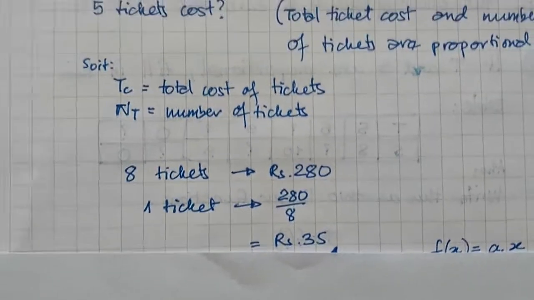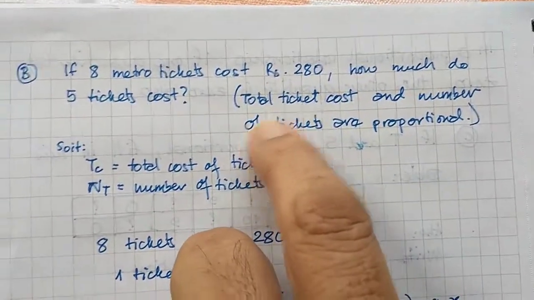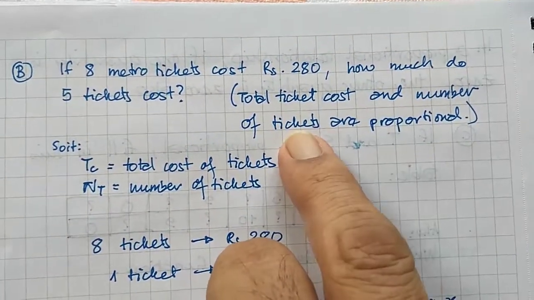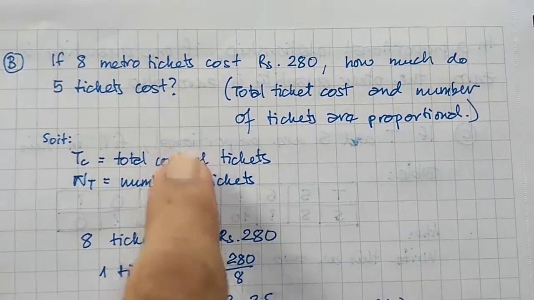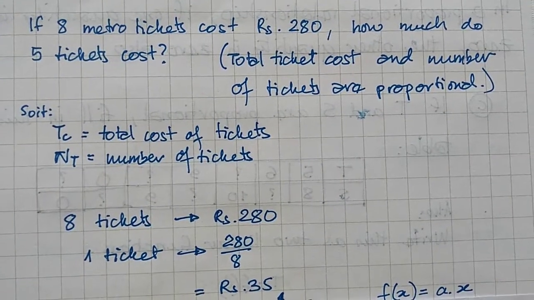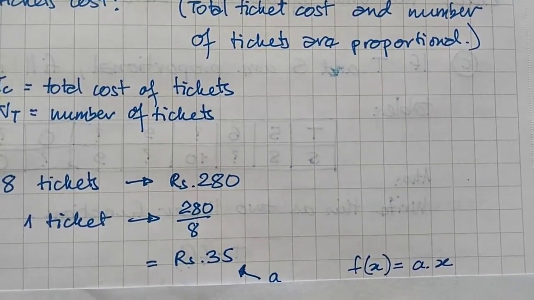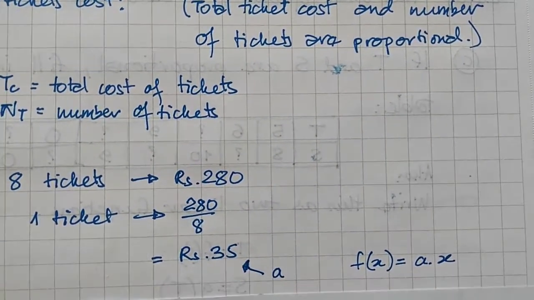Now we know that this is a linear function because these two quantities are proportional. Total ticket cost and number of tickets are proportional. So the relationship between these two quantities can be expressed through a linear function. What does a linear function look like? It looks like f(x) = ax. So in this case, this is our a.